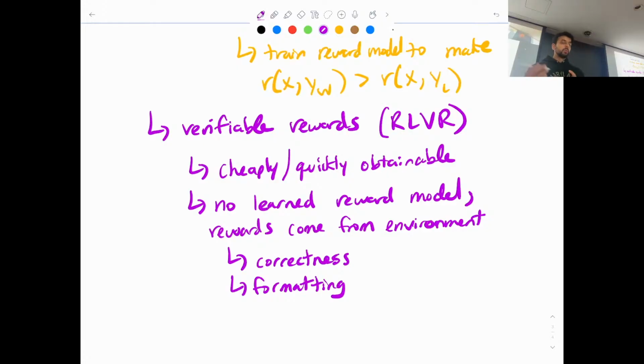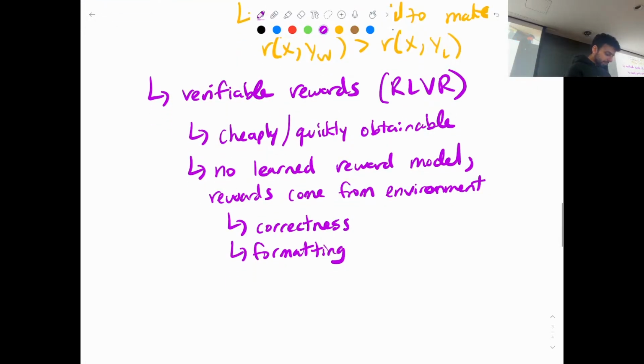So one type of reward you might want to use here is to give the response a 1 if it followed the format that you intended it to, and a 0 otherwise. This is completely separate from correctness, but also important if you want the model to follow a particular format.